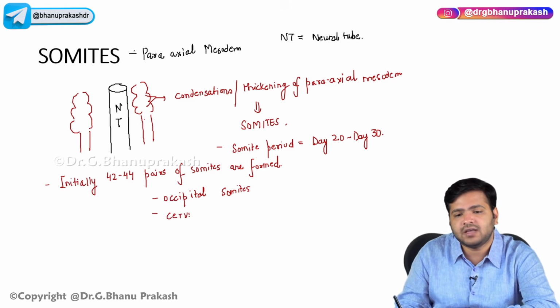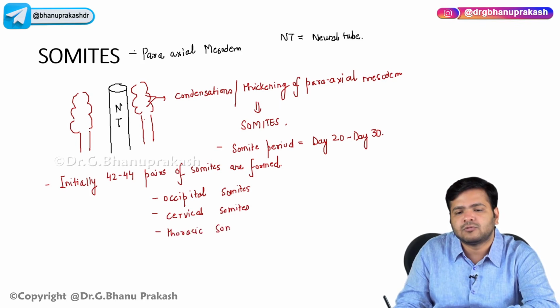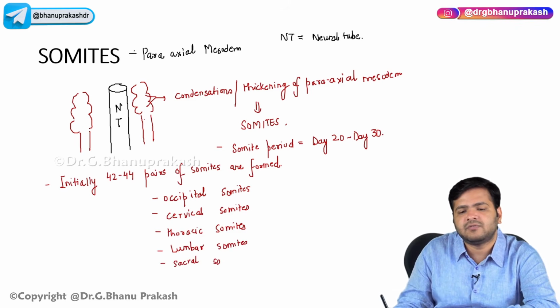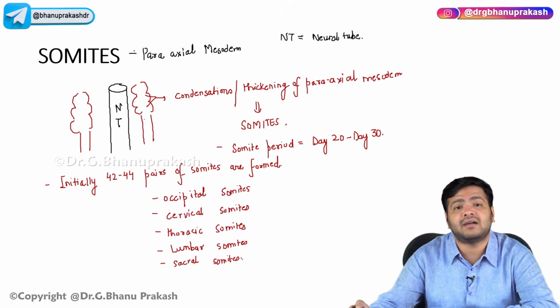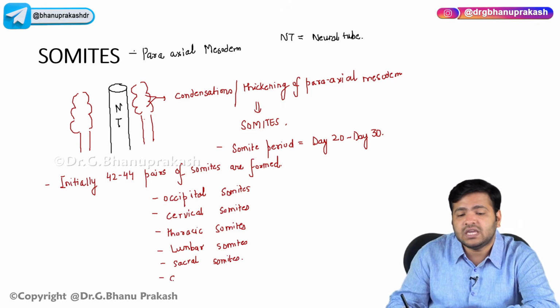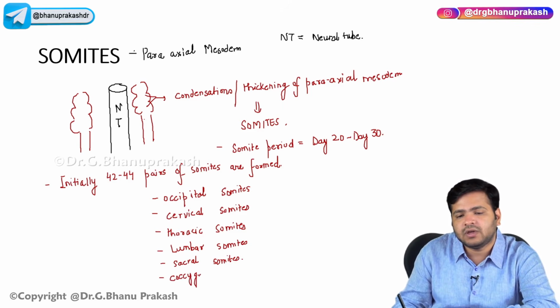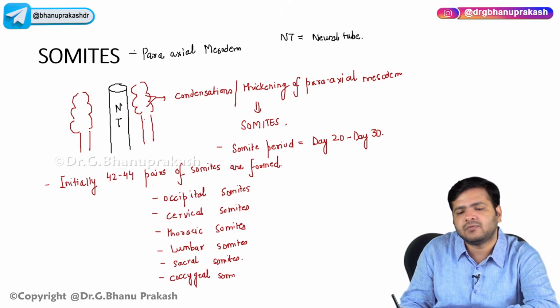We have the cervical somites, then thoracic somites, lumbar somites, sacral somites, and the last one is the coccygeal somites.